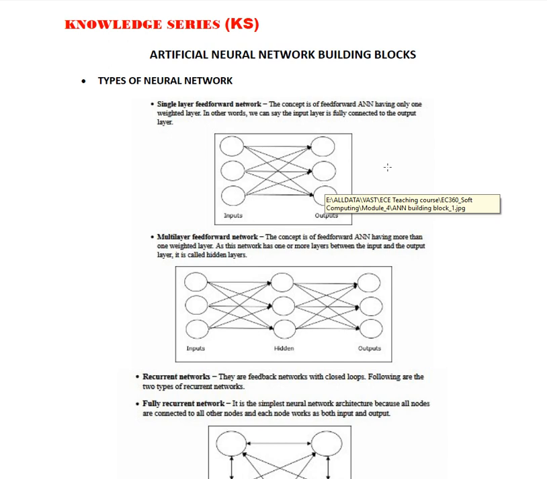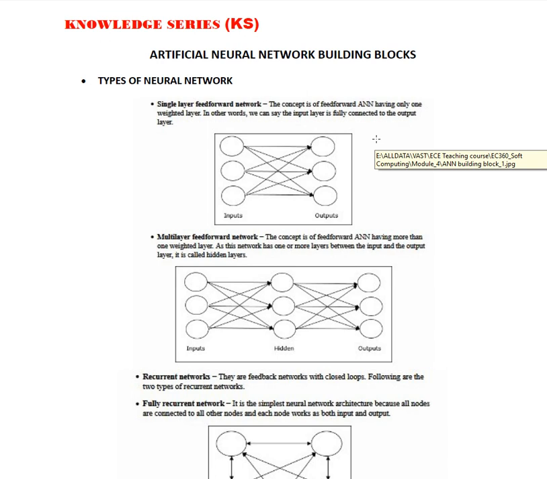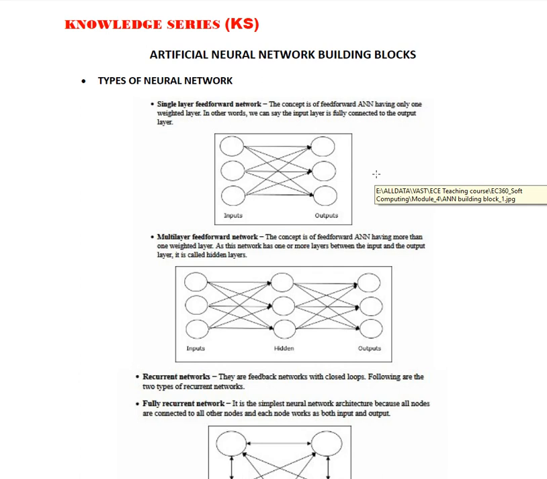So that's the single layer. Here you can see the concept: a feed forward ANN having one weighted layer. In other words, the input layer is fully connected to the output layer. That is known as a single layer feed forward network.